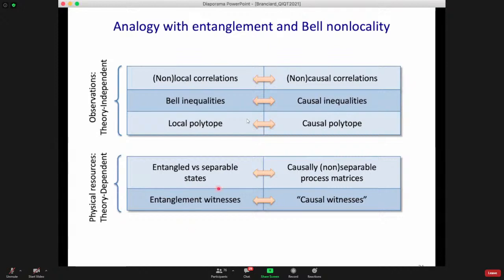And so we can really get some inspiration from this. And this is actually how we got the idea to study the causal polytope, to come up with causal witnesses. So the analogy is not really fully formal. It's not the same mathematical objects. But still you can really get some good inspiration. And this is still an analogy that we use a lot to further investigate those ideas of causal or non-causal correlations, or causally non-separable processes.